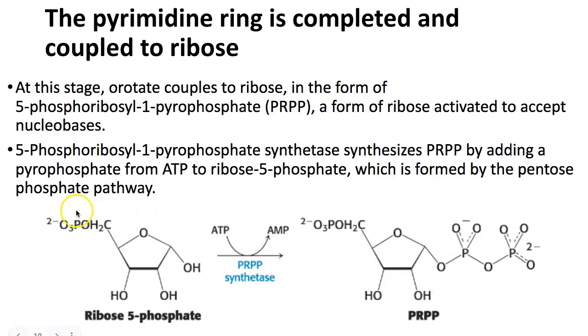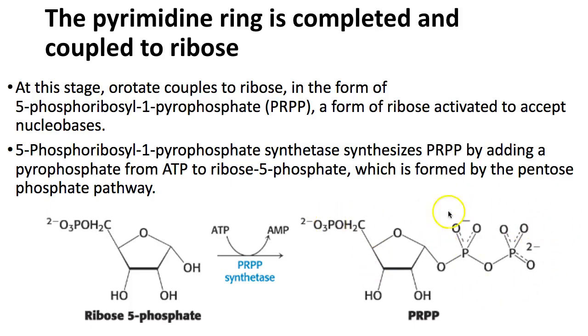And to have your sugar activated, pretty much this hydroxyl group has a pyrophosphate group that is attached, so it is ready to be replaced with a base to end up making your nucleotide. Can you see your sugar? You see the phosphate group.